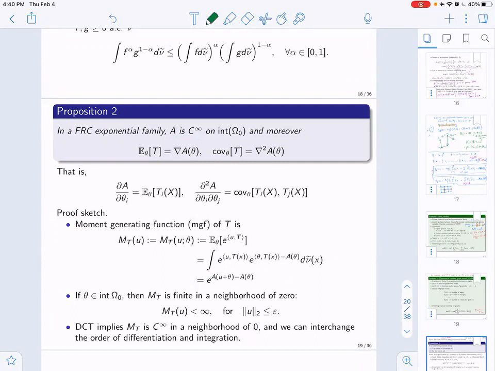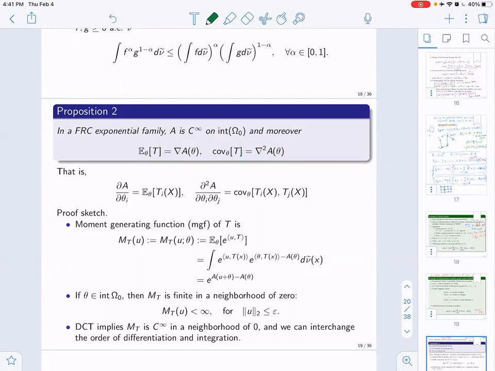And on the interior of the domain, which is non-empty, by the way, because of the assumption, A is going to be C infinity, basically smooth, very smooth. Moreover, the gradient and the Hessian, which is the second derivative, give you the expectation and the covariance matrix of the sufficient statistic. And this is very useful.